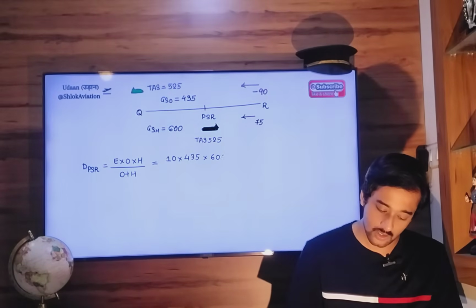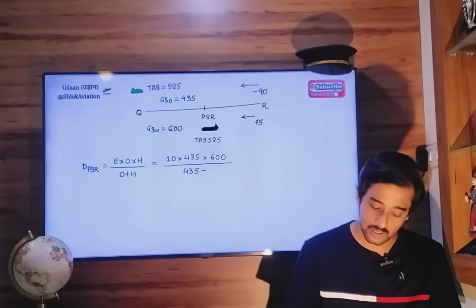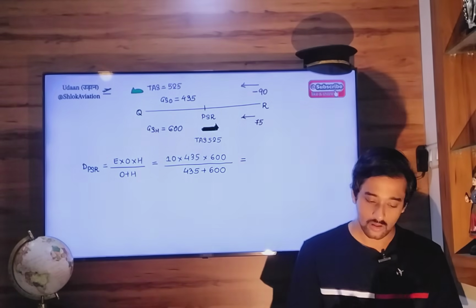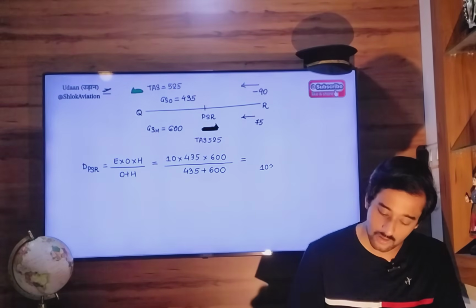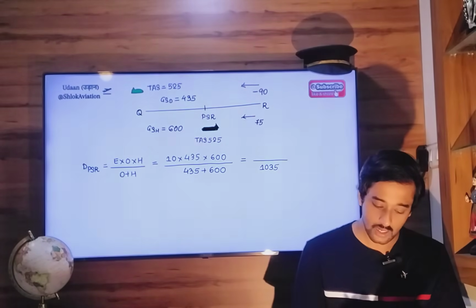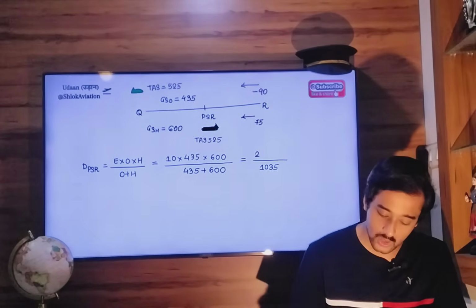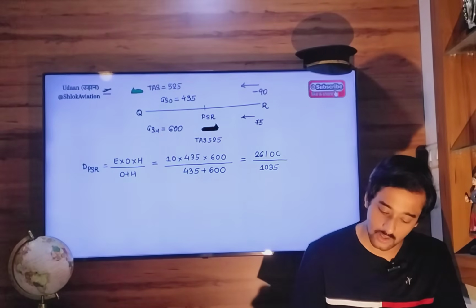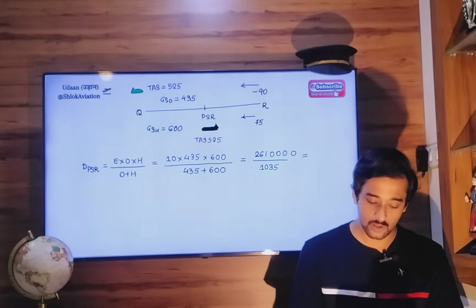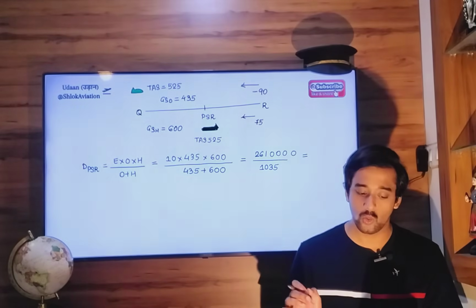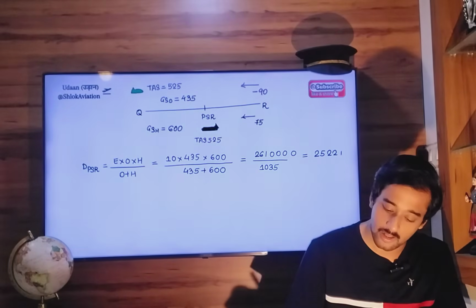Homebound 600. Divide by 435 plus 600. 435 plus 600 is 1035 and 10 into 435 into 600 is 2,610,000. So divide by 1035 is 2521.7, that is 2522 nautical miles.